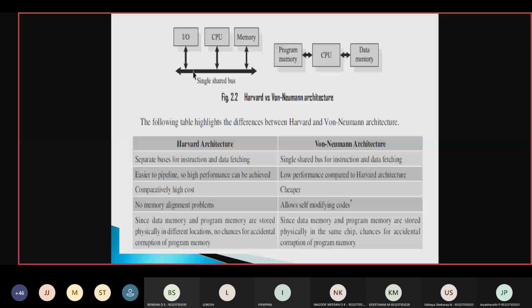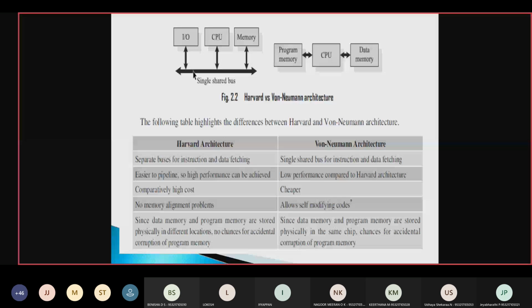In the second diagram, you can see the CPU and data memory have a separate line. So those are the differences. In Harvard, there are separate buses for instruction fetching and data.